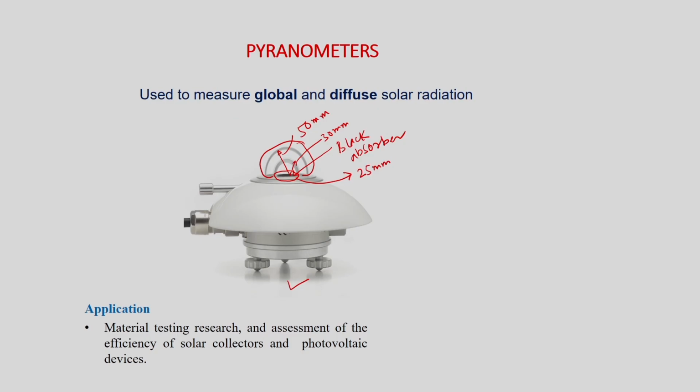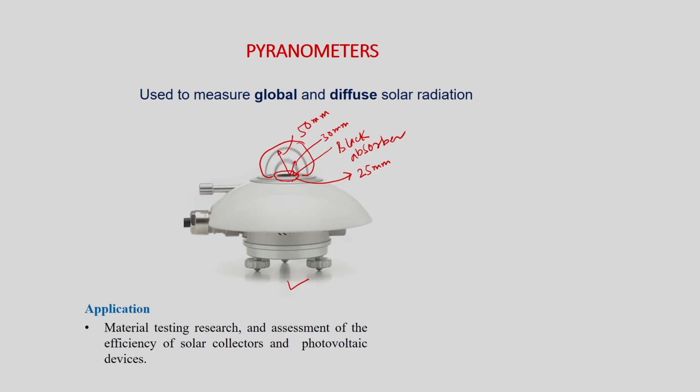When solar radiation is exposed on this black absorber, its temperature will rise. This rate of rise will continue till the heat loss by conduction, convection and radiation are equal. In order to measure this, thermopiles are used.